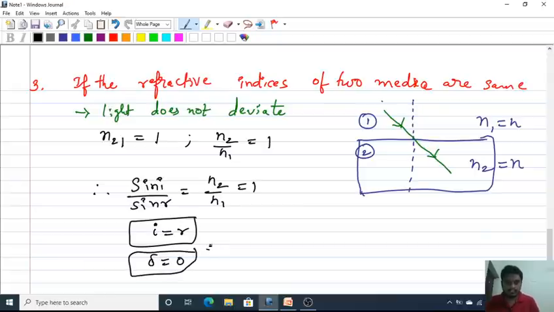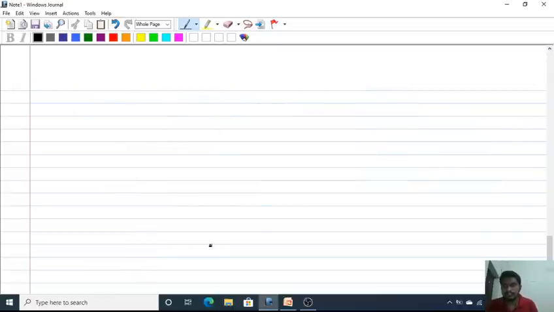Okay, this is the third case, and the last one is the fourth case. If light is incident along the normal, the fourth case is normal incidence.